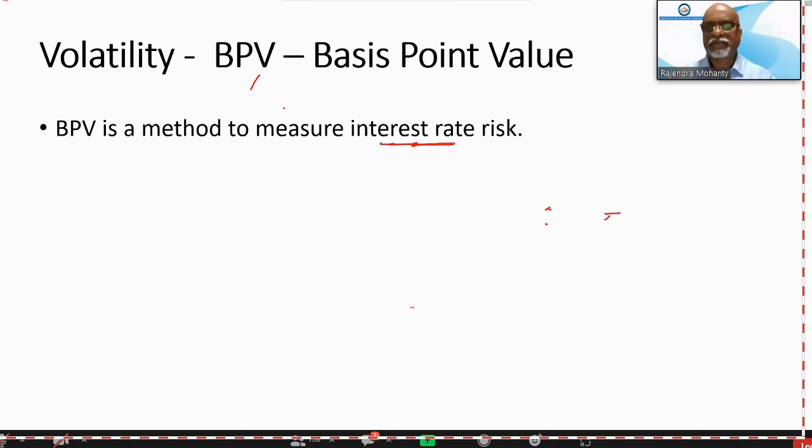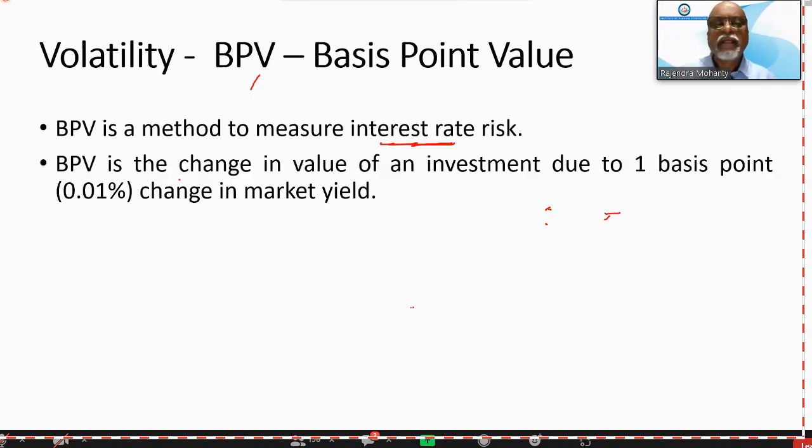How to calculate? So basically BPV is the change in value of investment. Value of investment means it is talking about currency, say rupee. It's the change in the value of investment due to change in the market rate by 1 basis point. 1 basis point is 1 BPS. 1 basis point is equal to 1% divided by 100.